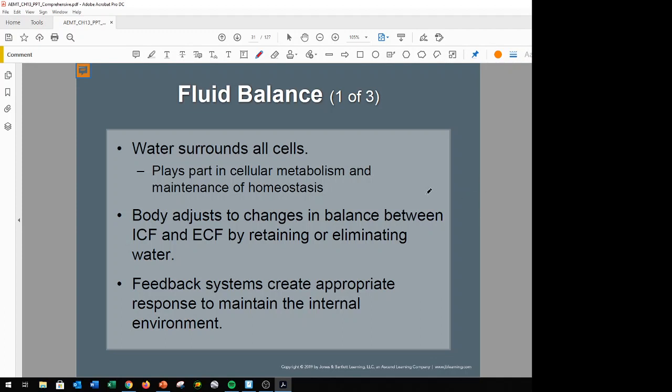Water surrounds all cells. The body again will adjust to changes in balance between intracellular fluid and extracellular fluid.